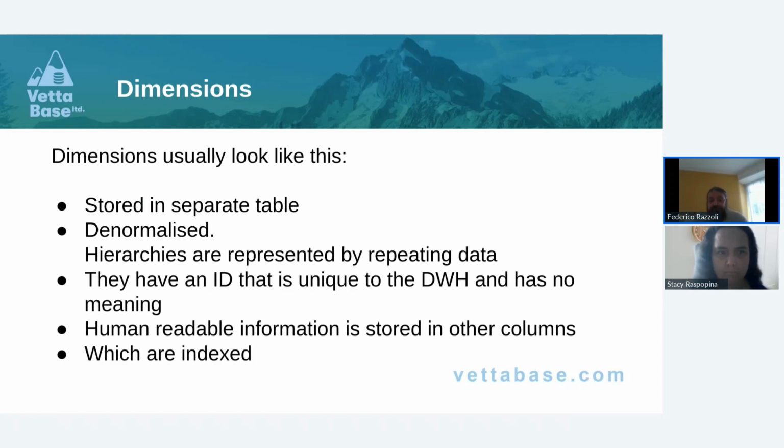Dimensions have an ID that should be unique to the data warehouse and should have no other meaning. So, for example, it shouldn't be a code that has some meaning for us. It shouldn't even be the ID that comes from MySQL or from Postgres. It should be generated in the data warehouse itself, because if we rely on the fact that it has a match on the original data source, we might have problems in the future.